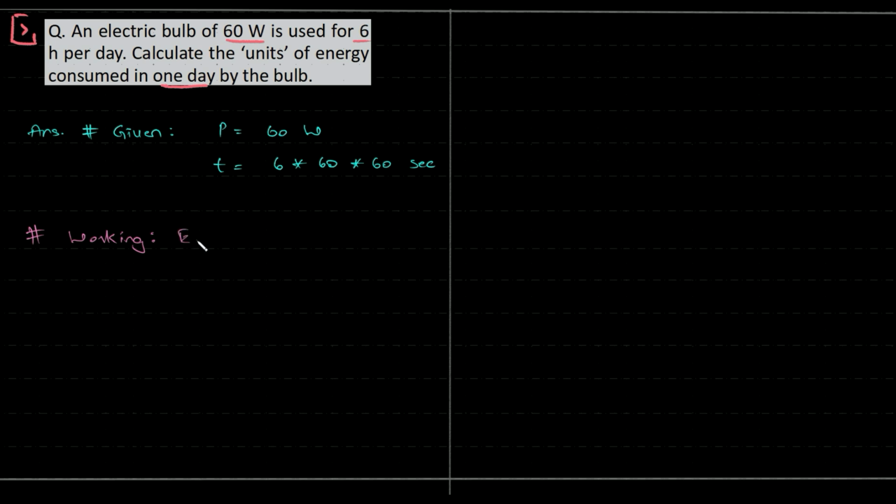So we have the energy consumption per day by the bulb will be equal to power into time, right? So this would be 60 into 60 into, should I do this?